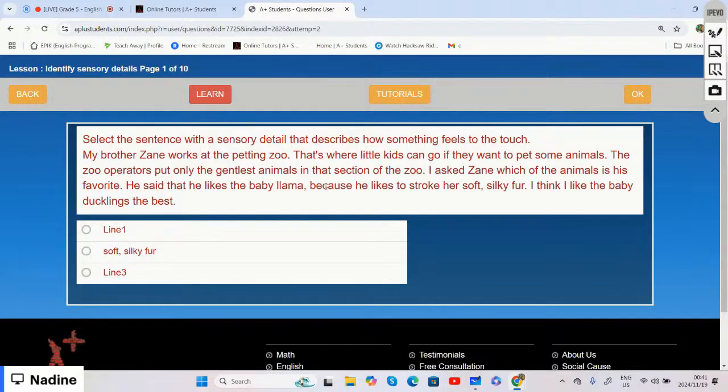Almost done. We need to select the sensory detail that describes how something feels to the touch. Is it option one, option two, or option three?